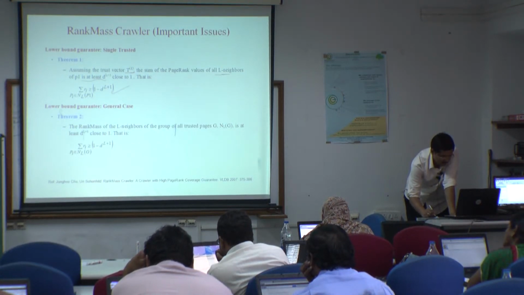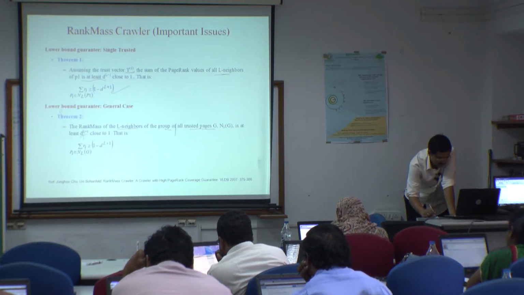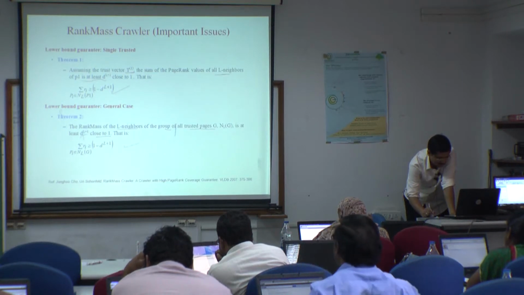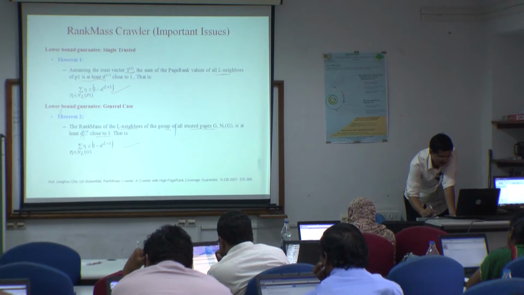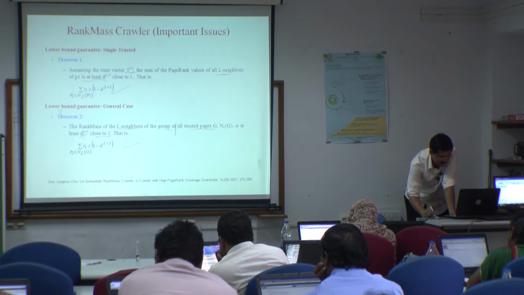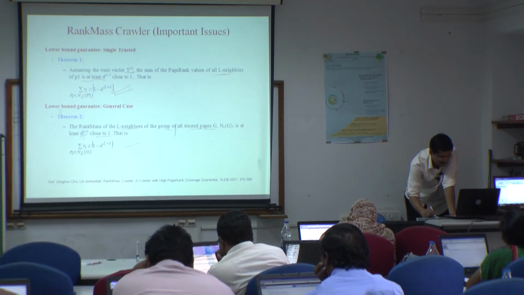The lower bound guarantee in the general case is that the rank mass of L neighbors of a group of all trusted pages is at least d to the power L plus 1, which is close to 1. This provides the guarantee of the lower bound, and that if we depend upon this, then the equation will converge.